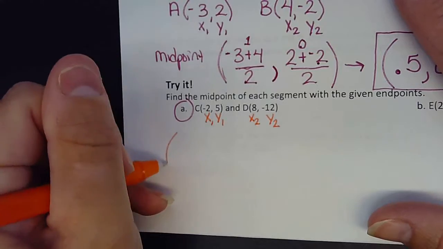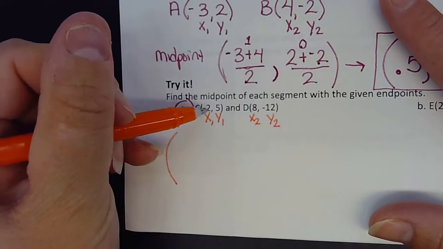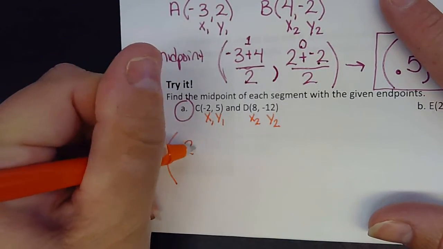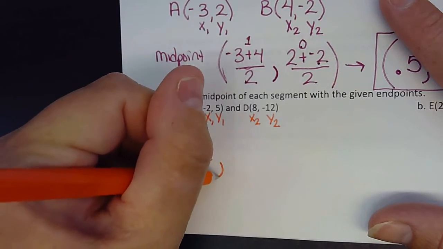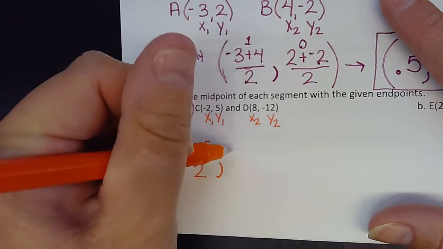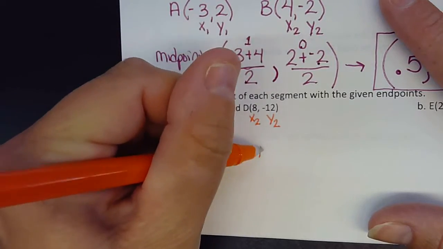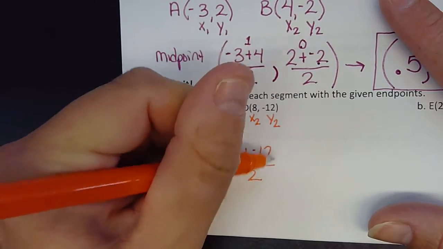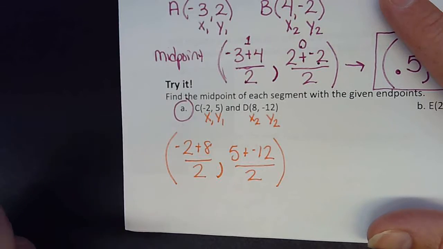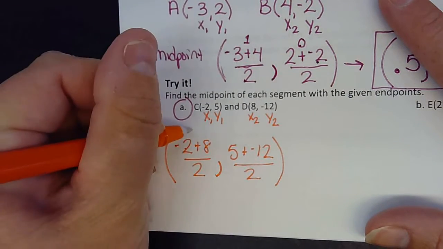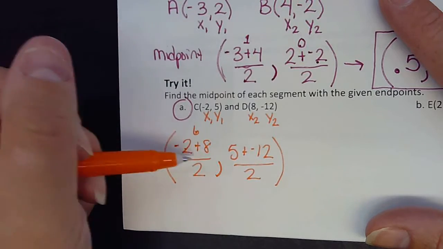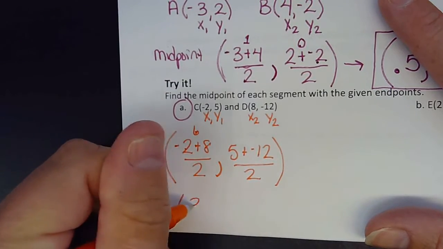So then, to find the midpoint, you add your x's, -2 plus 8. Then you divide by 2, comma, add your y's, 5 plus -12, divided by 2. So simplify this down. -2 plus 8 is 6. 6 divided by 2 is 3.